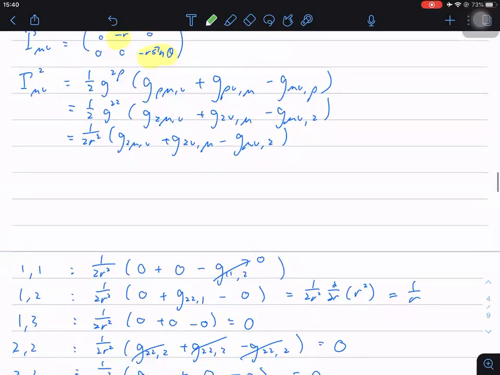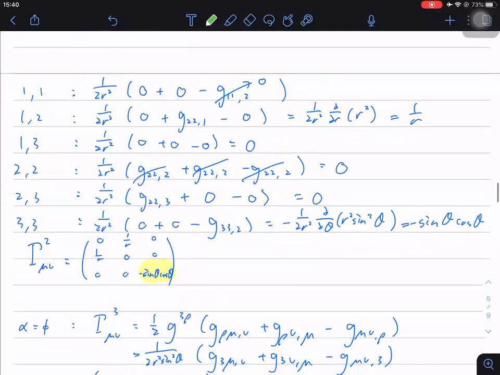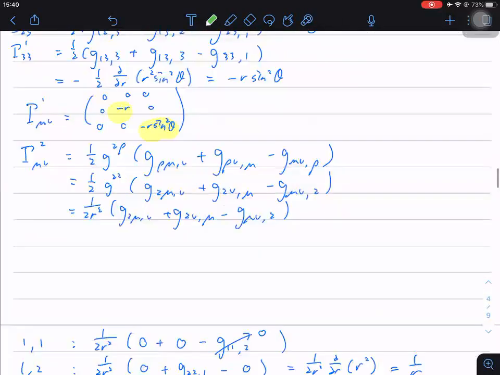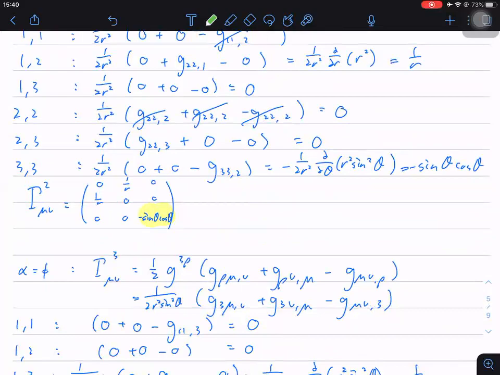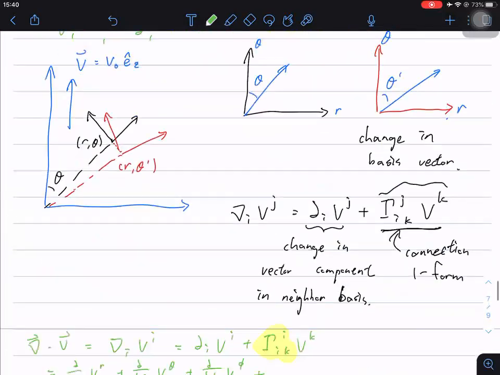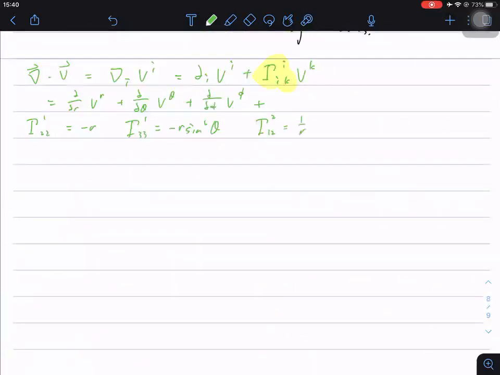Oh, did I do something wrong here? Yeah, I missed the square sign here. Then Γ^2_12, Γ^2_33, and finally Γ^3_13 and Γ^3_23.